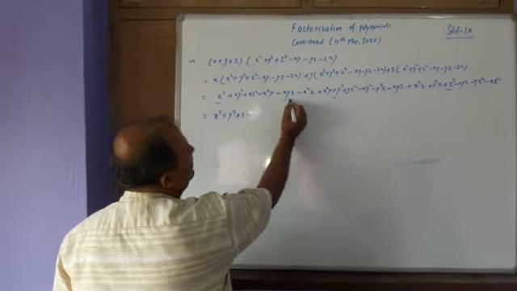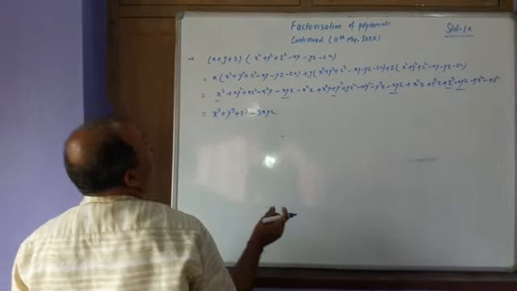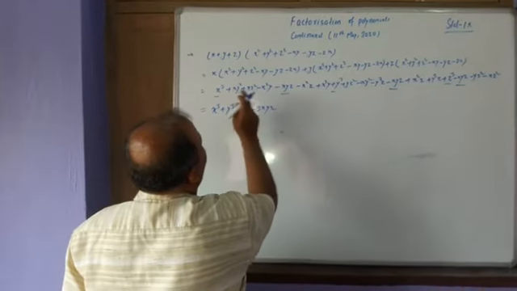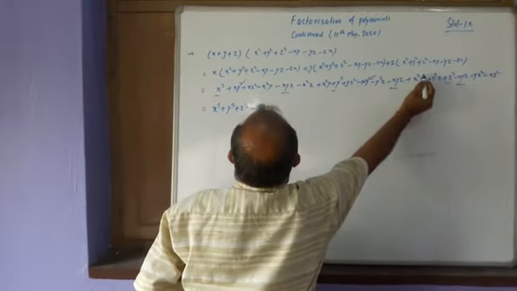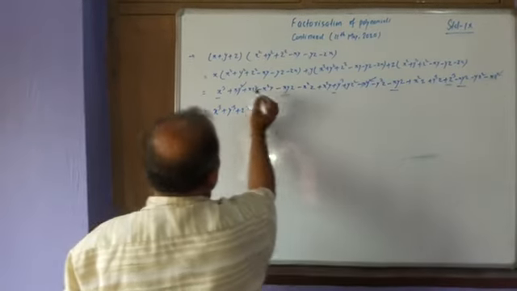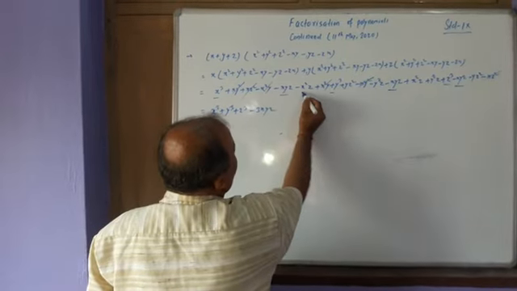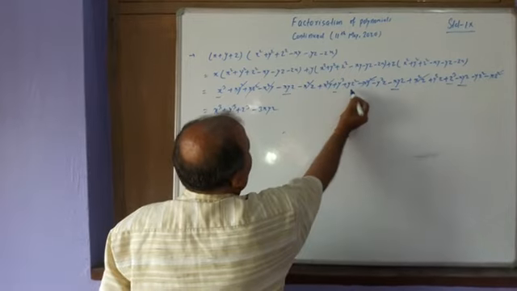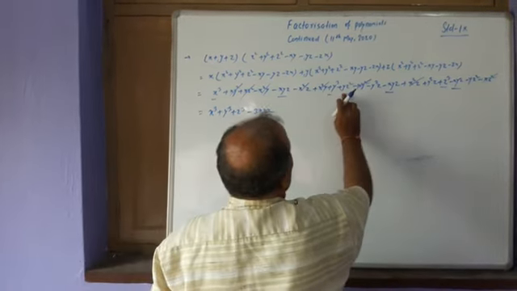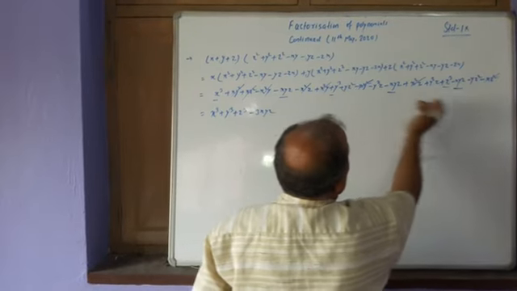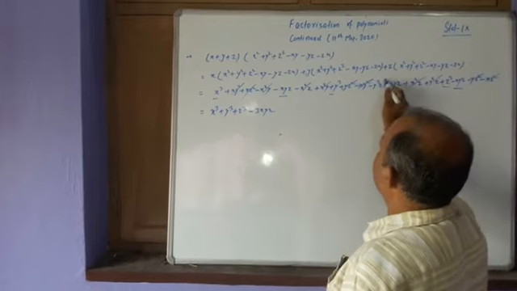The next: minus xyz minus xyz minus xyz gives minus 3xyz. Then plus xy square will be cancelled by minus xy square, plus xz square will be cancelled by minus xz square, minus x square z by plus x square z, plus yz square by minus yz square, and minus y square z by plus y square z.